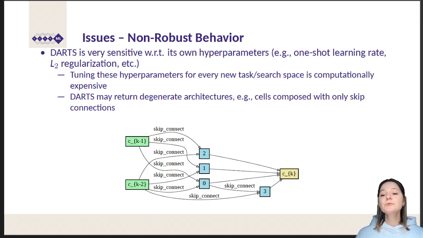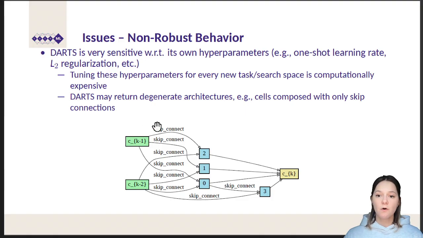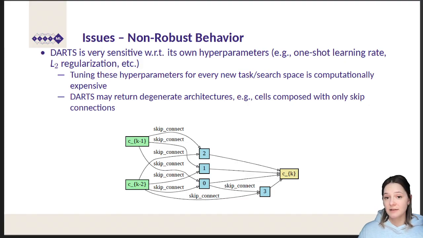And if you don't tune the hyperparameters, the overall approach can become very, very brittle. So you need to tune these hyperparameters for each new task and search space, which is exponentially very expensive. And if we don't tune them, one example can be seen here, that DARTS completely degenerates the architectures and searches and finds a cell which mostly is composed of skip connections. So that's one of the issues which DARTS has.